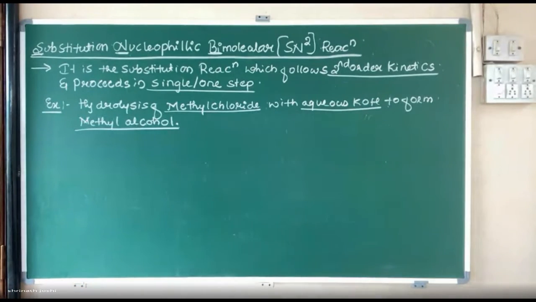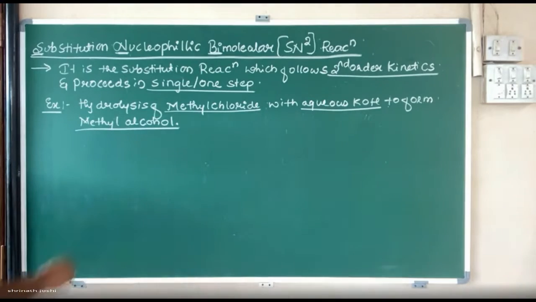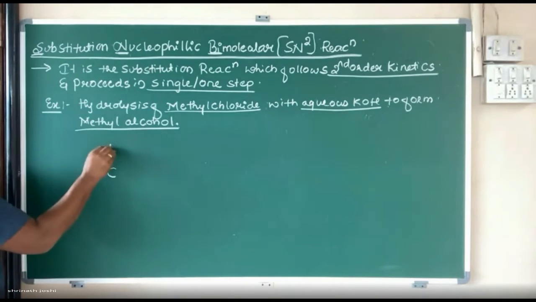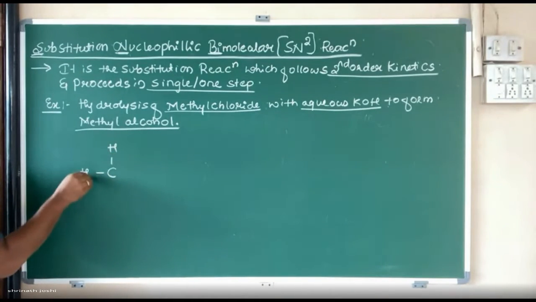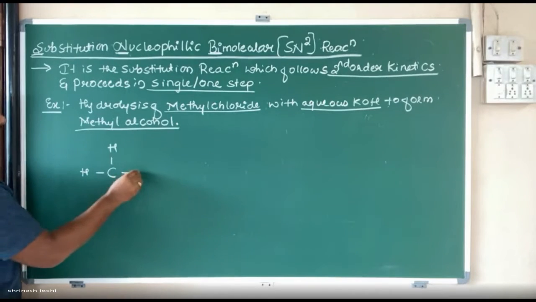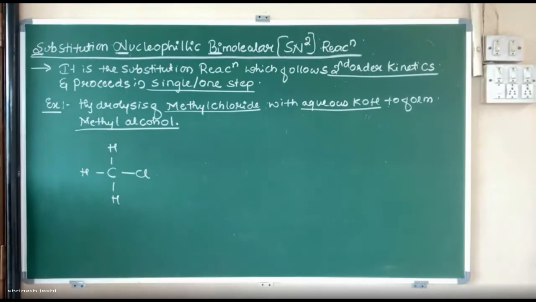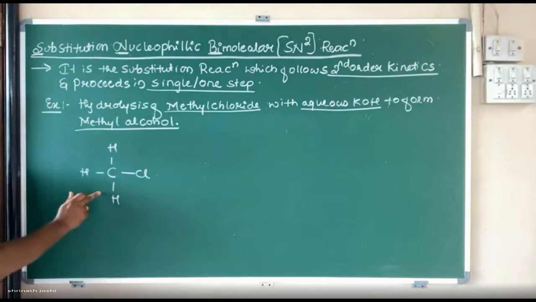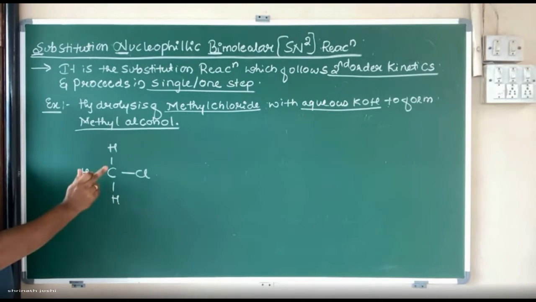So now look into the board. Methyl chloride. Can I write methyl chloride like this? Is it a methyl chloride or not? My question: is this a primary alkyl halide, secondary alkyl halide or tertiary alkyl halide?